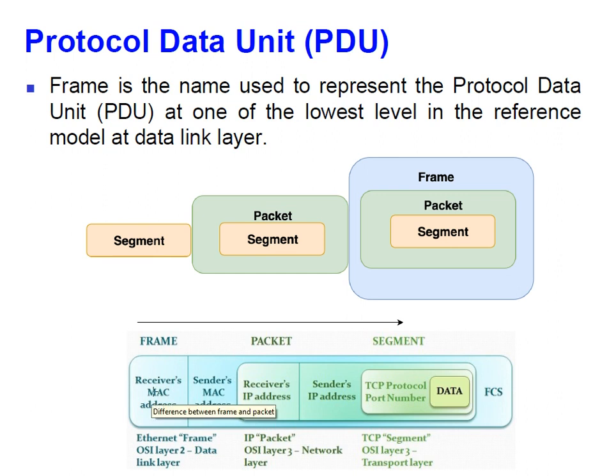When we talk about a frame, this frame encapsulates the next set of addresses, that is, a receiver IP address and a sender IP address. The receiver IP address is a logical address, and the sender IP address is also a logical address, whereas the MAC address is a physical address, and the sender's MAC address is also a physical address.